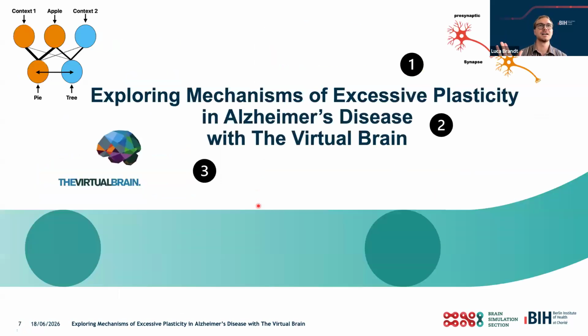So I explained to you now a bit how plasticity can become unregulated, but now in the specific example of Alzheimer's, I will explain how this can also give rise to some cognitive deficits.